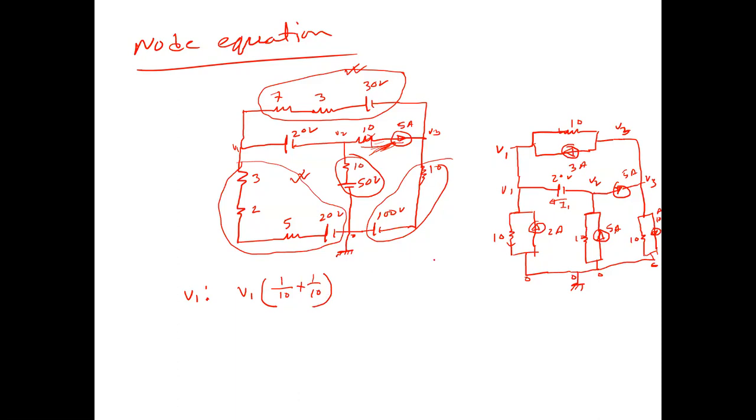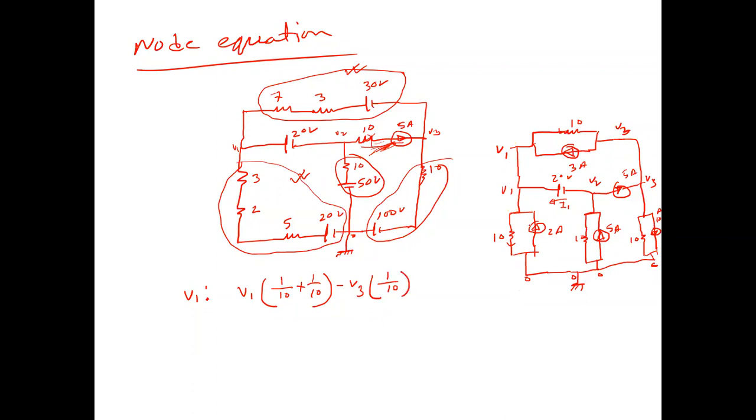Now minus. These are connected to V1, and the last side is connected to V3, so minus V3 times 1 by 10. These resistances are combined; this is V1, this is V3, so minus V3 1 by 10.